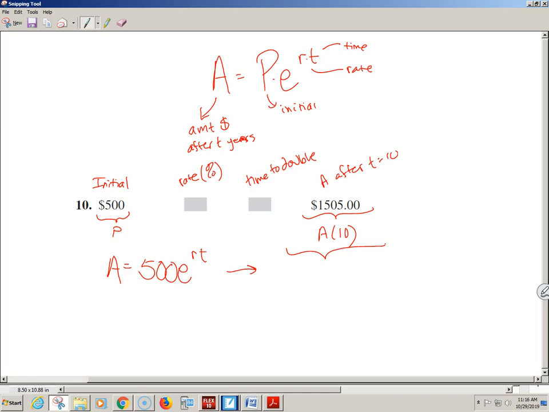So I have 500 e to the r times 10 equals A, which is my 1505. Now guys, if you see this on the test, you plug in a clue, you need to get to r, just pretend like r is x. How do I get to x? Divide the 500.